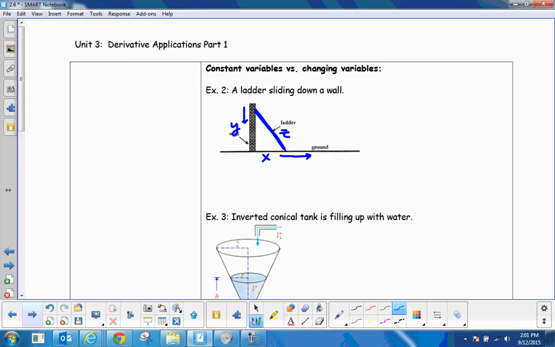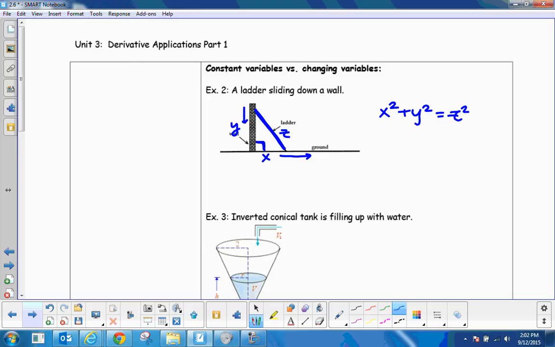So as we're talking about variables in this situation, usually they will tell you that your building is making a right angle with the ground, and so the equation we'll work with quite often will be x squared plus y squared equals z squared to look at the different sides using Pythagorean theorem for those lengths.